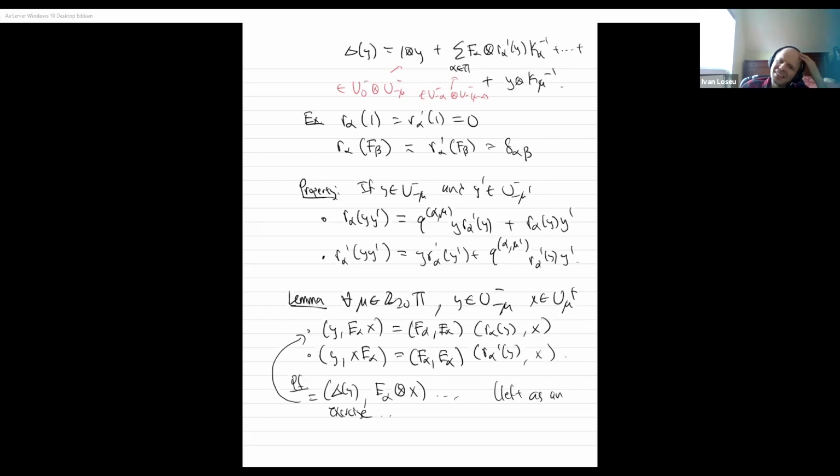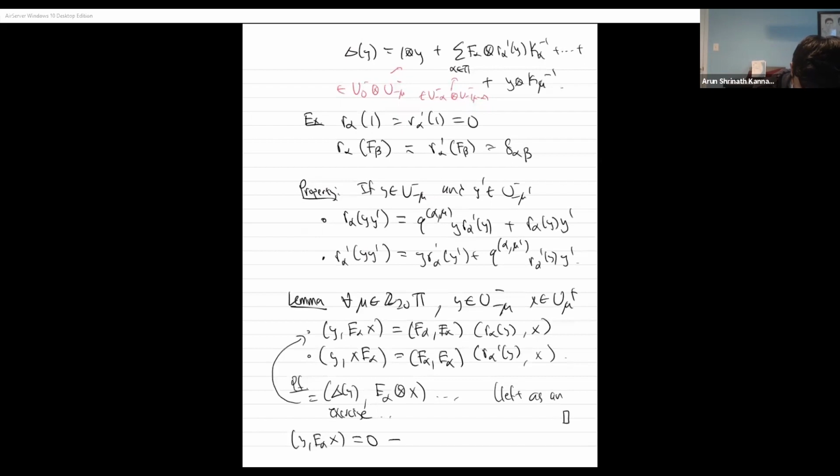Okay, so what we now know, coming back to our thing, is that the last statement I wrote was that y e alpha x equals 0 equals y x e alpha. But r alpha of y and r alpha prime of y are elements of U minus mu minus alpha.